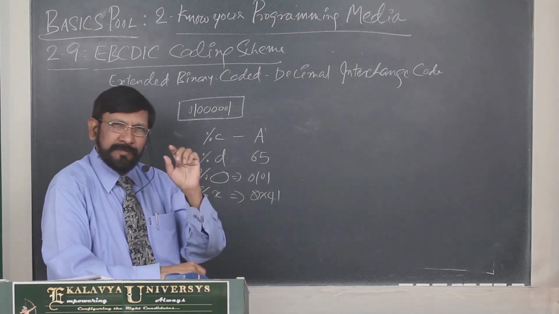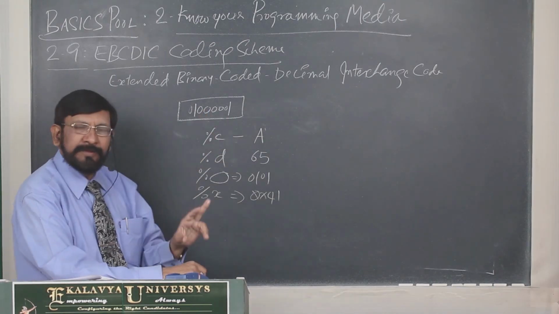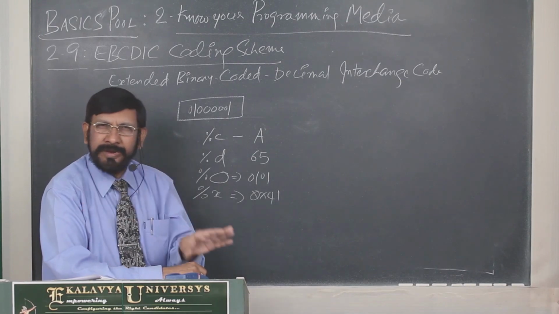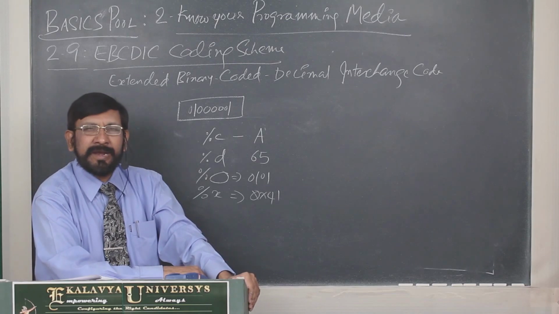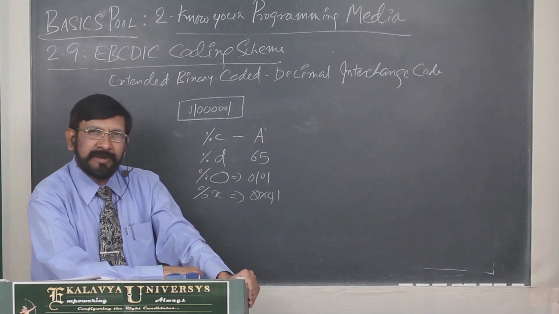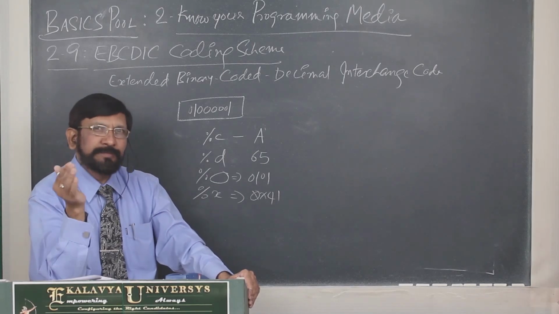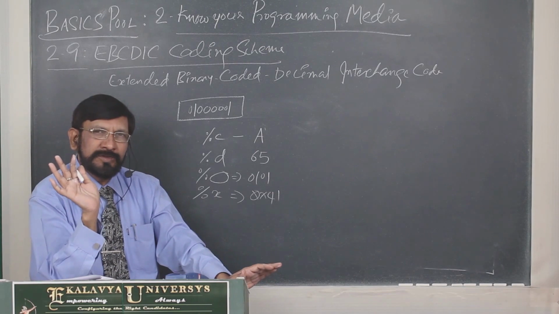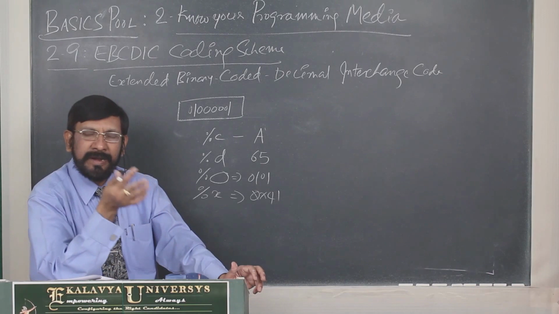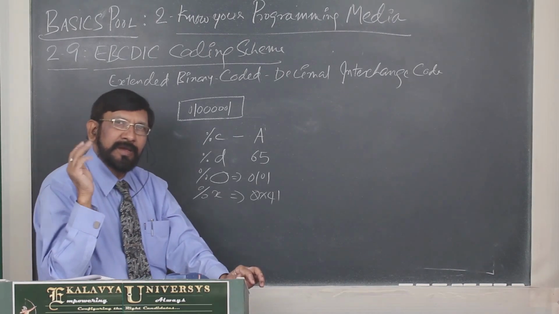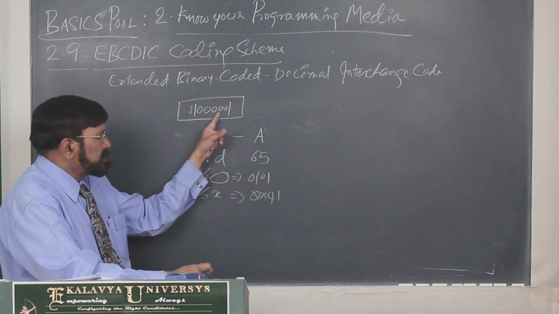Actually, whatever data or instructions are stored in the computer are in binary format only. The computer does not know anything. For our convenience, we use English characters, digits, punctuation marks and so on. In order to translate and convey these to the computer in binary format, we developed several coding schemes like ASCII, Extended ASCII, EBCDIC, Latin-1, Unicode, etc. By this you understand that it is a binary pattern.